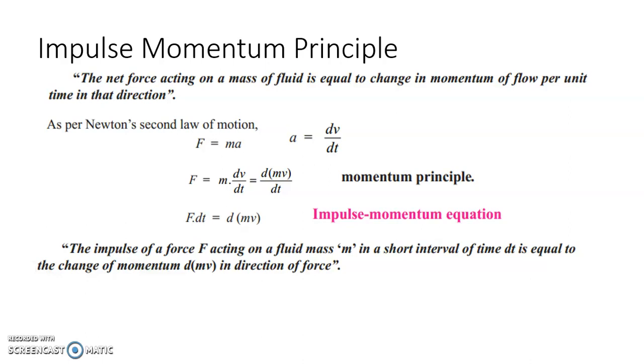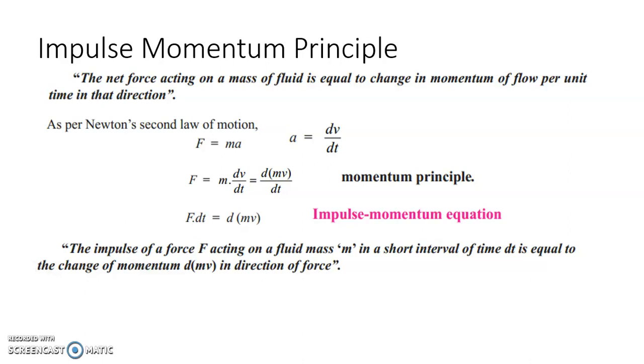Further, the dt in the denominator can be multiplied to F here. It is F into dt, which equals d of (m into v). F is the force. If I keep dt equal to a microsecond, F into dt is always called the impulse. Usually the impulse happens in a fraction of a second. So F into dt is always called impulse, where F is the force and dt is a very small fraction of a second.